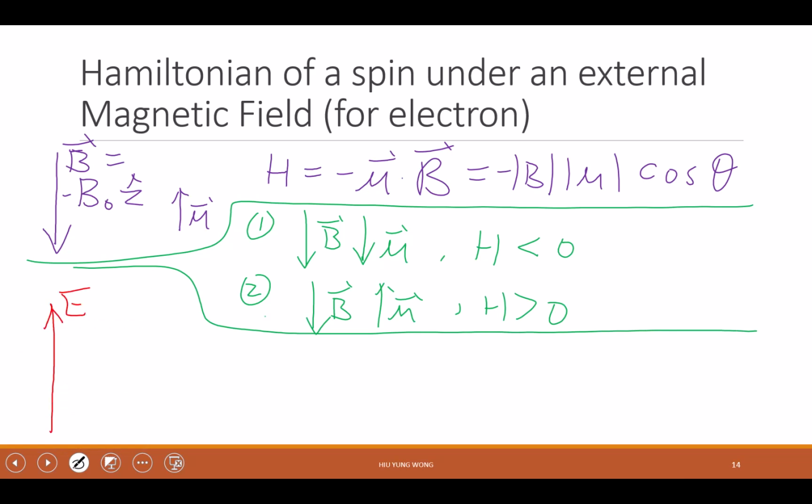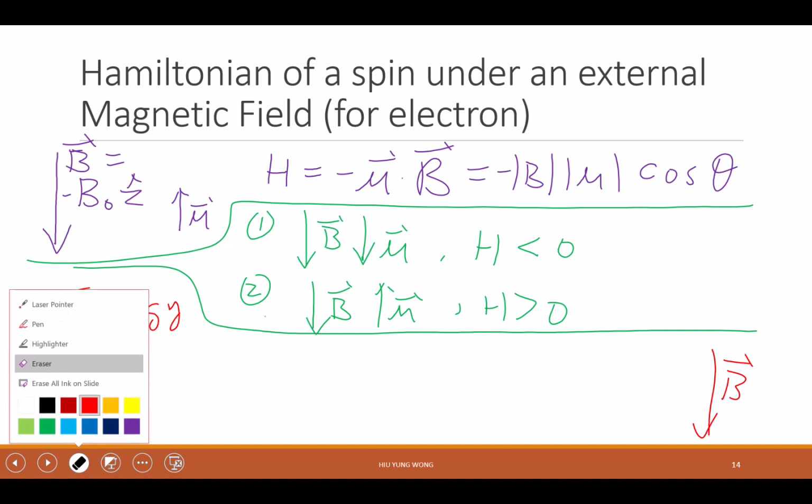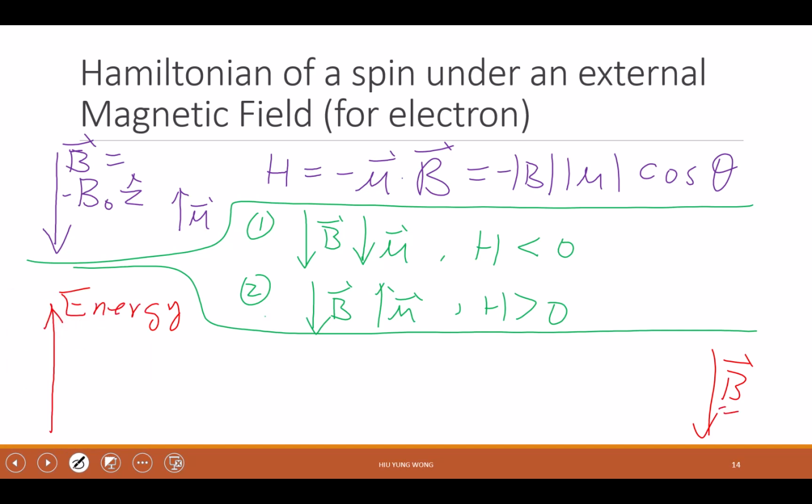This is the energy scale. And assume I have a magnetic field pointing down, equal to negative B0 z-hat.